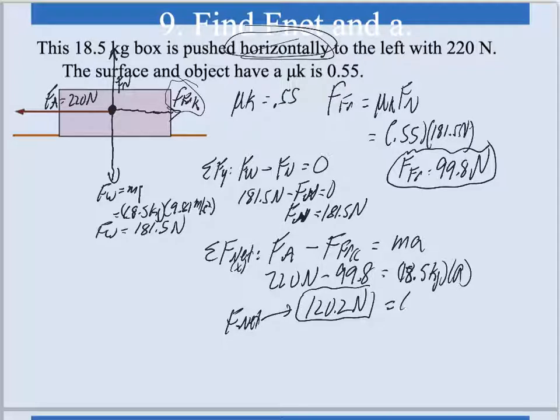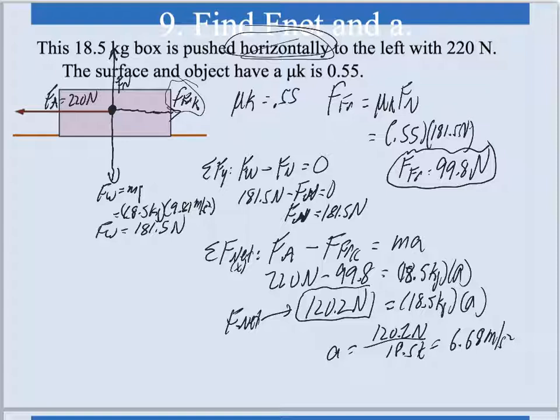That's equal to the mass times the acceleration. So if I'm trying to find the acceleration, I simply divide both sides by 18.5. And when I do that, I end up with 6.68 meters per second squared. And that would be to the left. So there's your acceleration. There's your net force. We finished that sample problem.